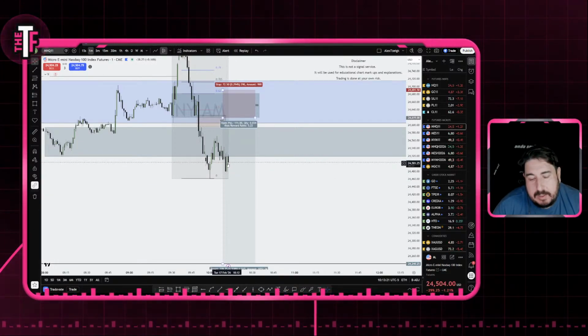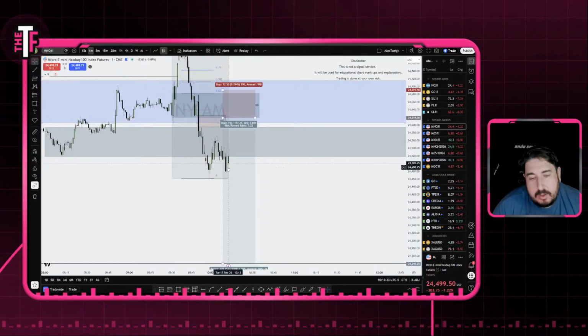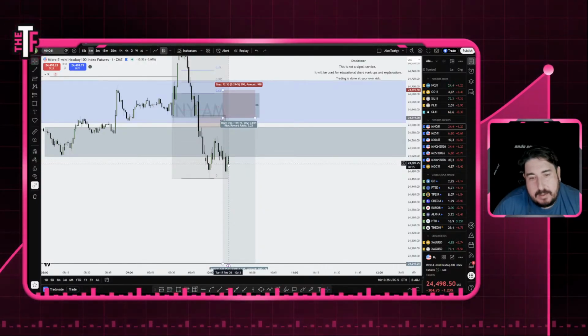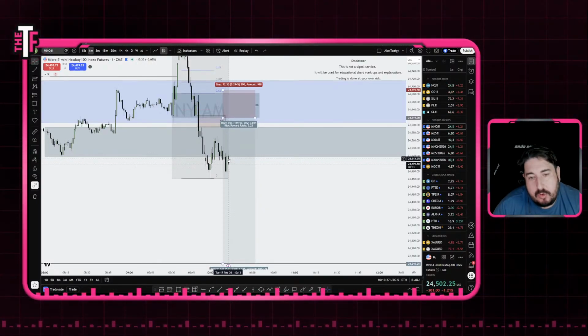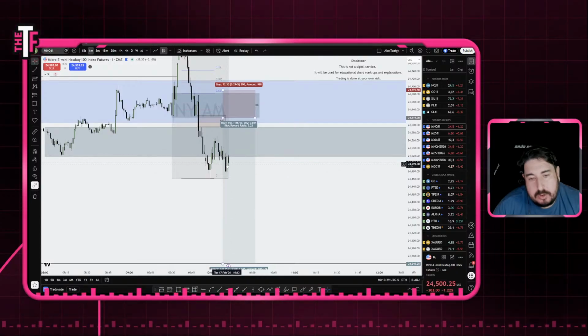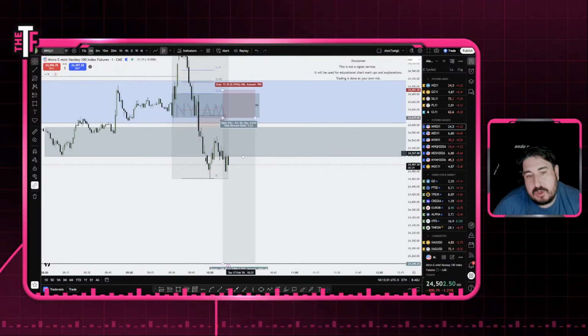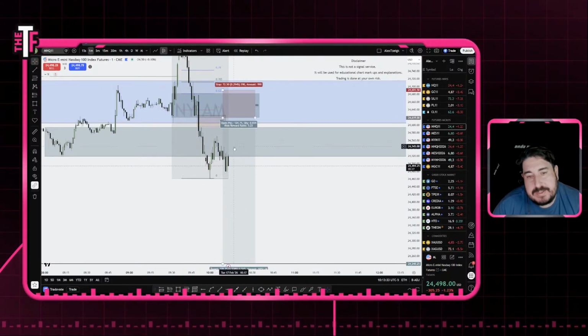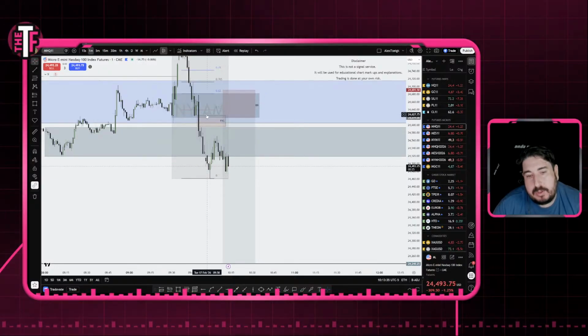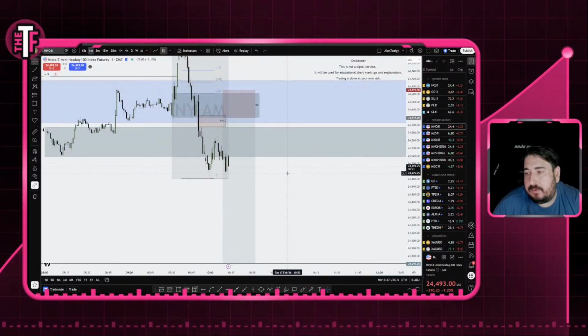And I will take this trade now because here we have a formation of a new bearish order block, and because the institutional order flow says that we can sell also in discount, I will take the continuation.